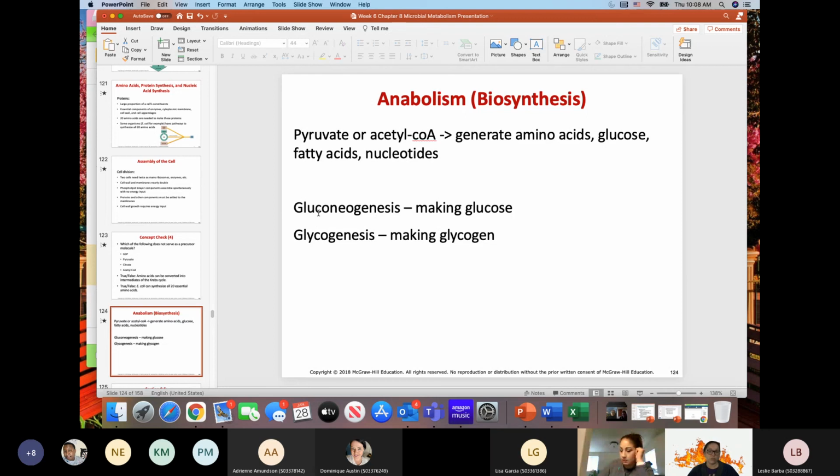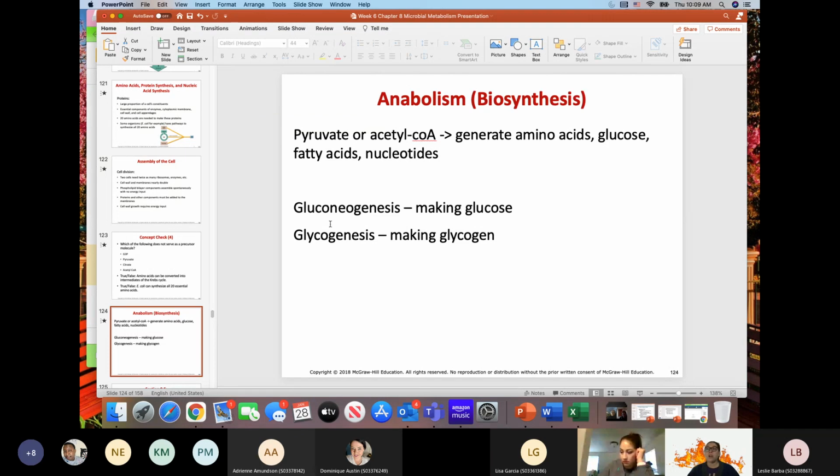Gluco sounds like glucose, neo means new, genesis means to generate. The other side of it is if you've got enough extra glucose you want to store, you can store it in the form of glycogen in something known as glycogenesis. These are important processes, but I'm going to talk about them extensively for my A&P students in the A&P class, so it's good for you to see them now.